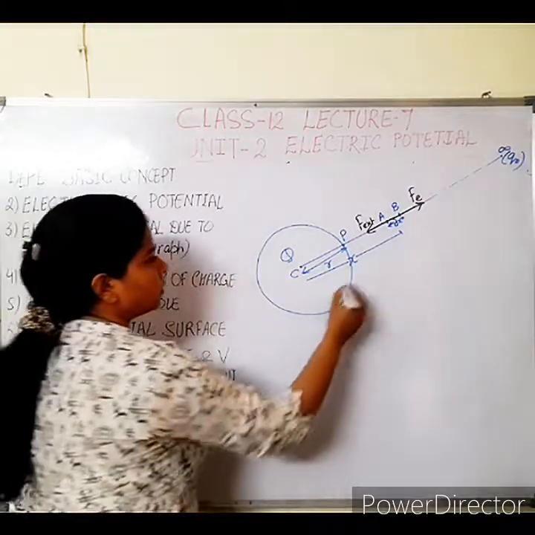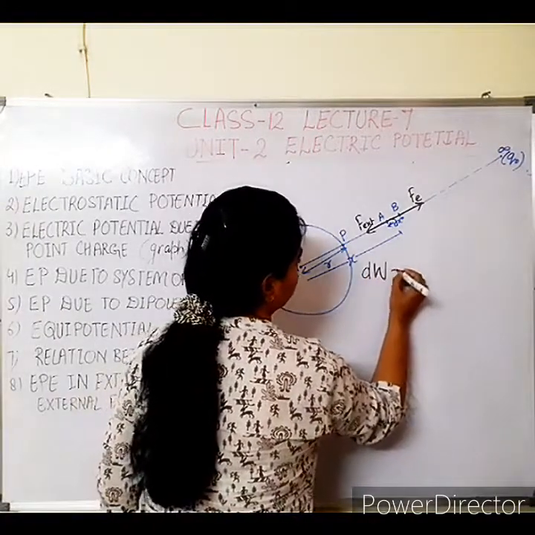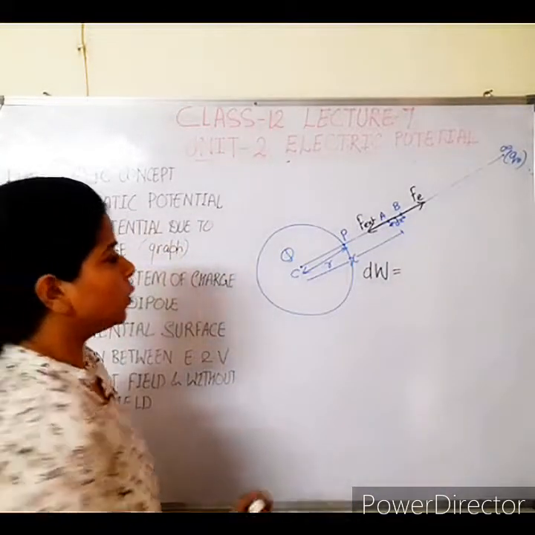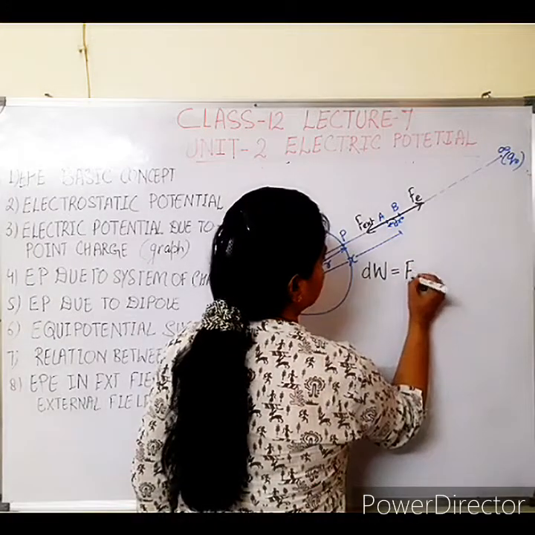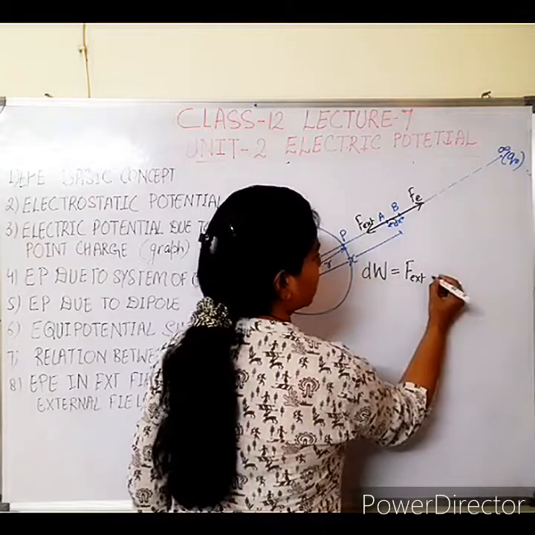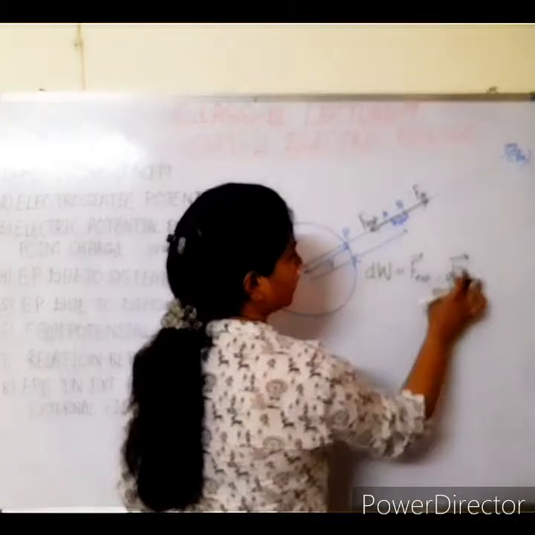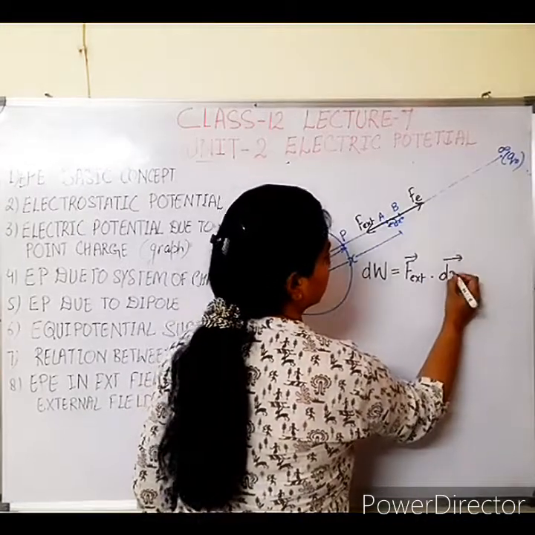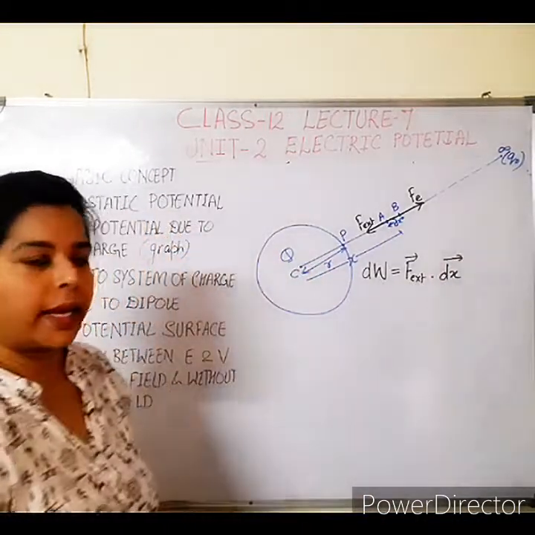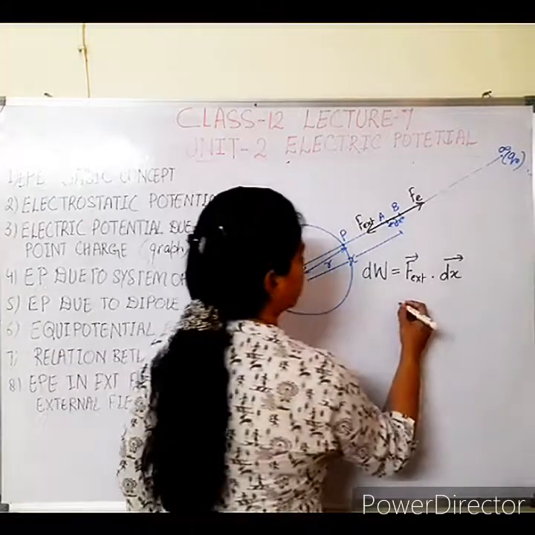Okay, so here we will take the case dW. dW should be equal to the external force F ext dot dr. In place of dr, we put dx, as we have mentioned here. So F dot dx.